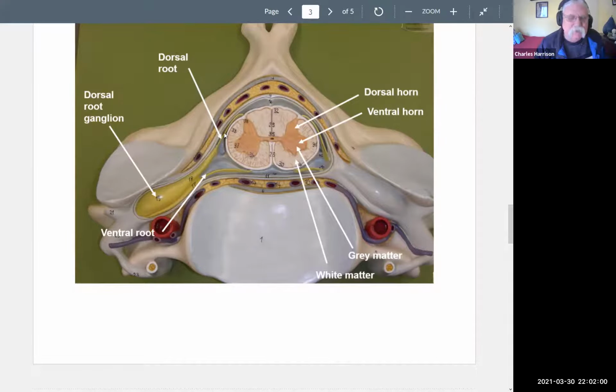Afferent means incoming. And here it goes, the dorsal root, to this spot right here. This is the area here of gray matter called the dorsal horn. This is part of the gray matter called the ventral horn.